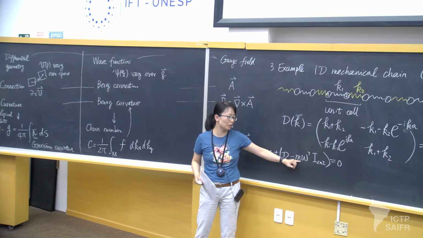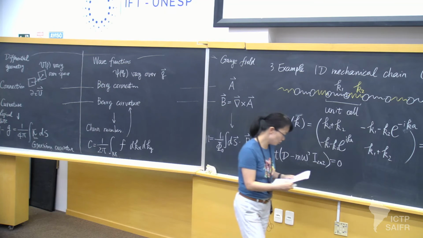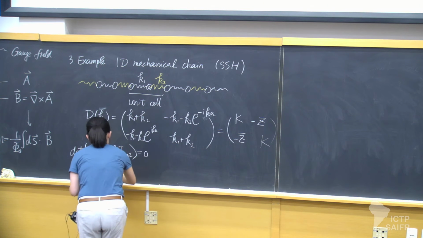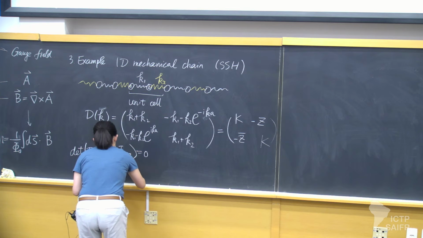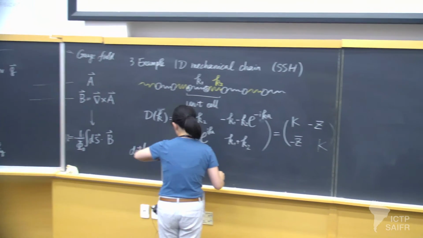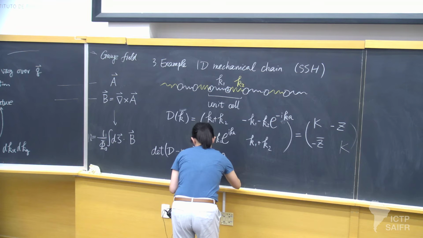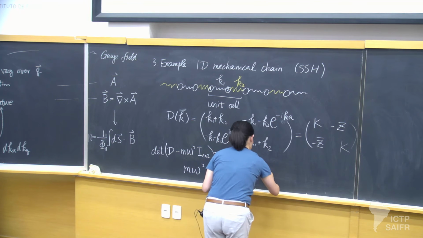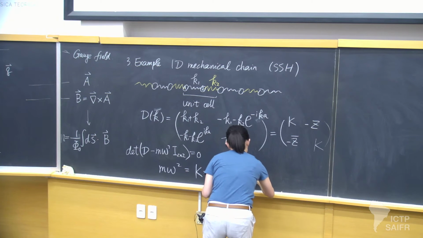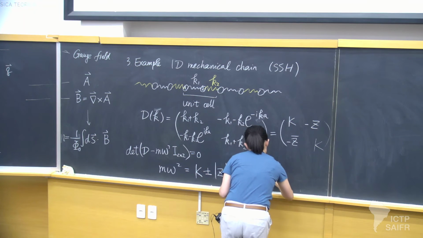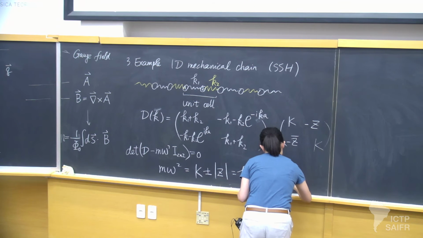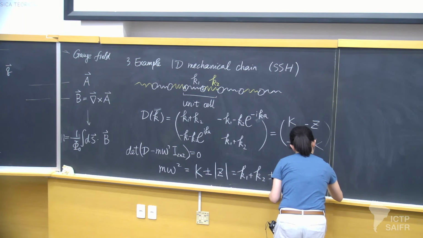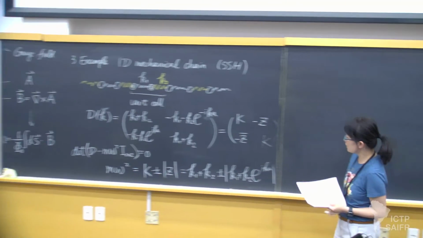The eigenvalues are m omega squares, right? And the solutions you get are m omega squares equal to, okay?